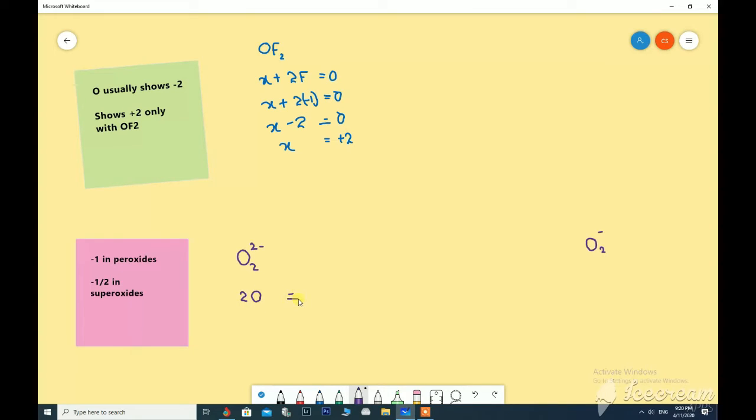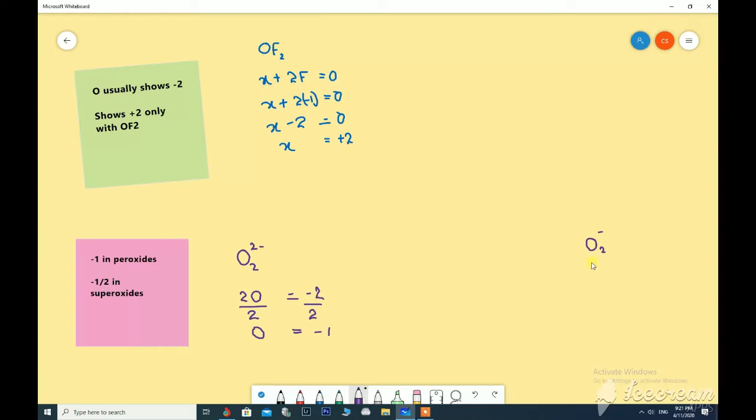The sum of the oxidation numbers should be equal to its charge. It is -2. We have to find the oxidation value of one oxygen atom. For that, we have to divide both sides by 2. Then 1 oxygen atom is equal to -1.